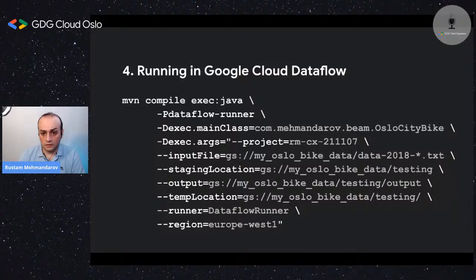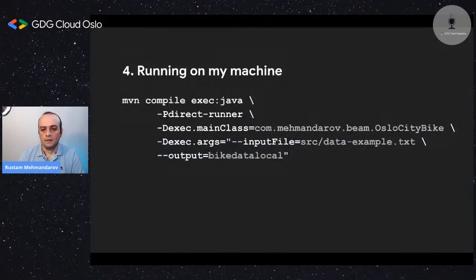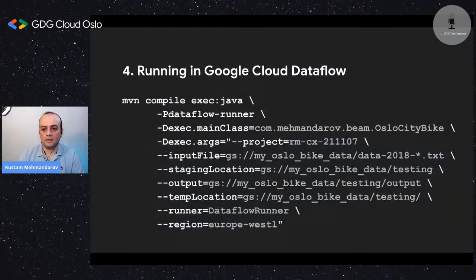I did not change a single thing in my code, but what I did change was add a few options here. So local, cloud. As you can see, there are a few differences. First, you use the Dataflow runner.